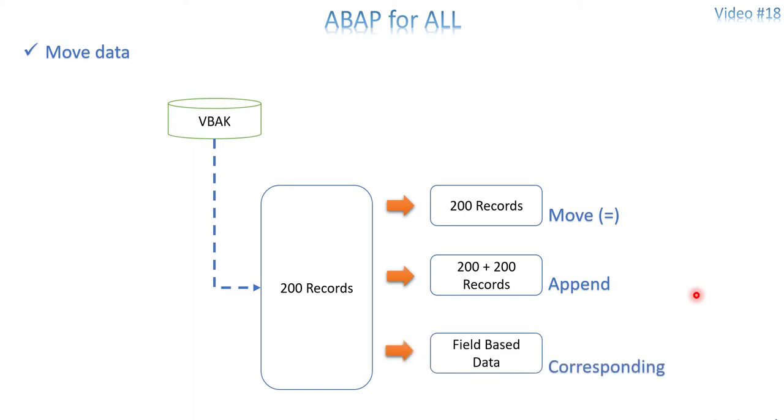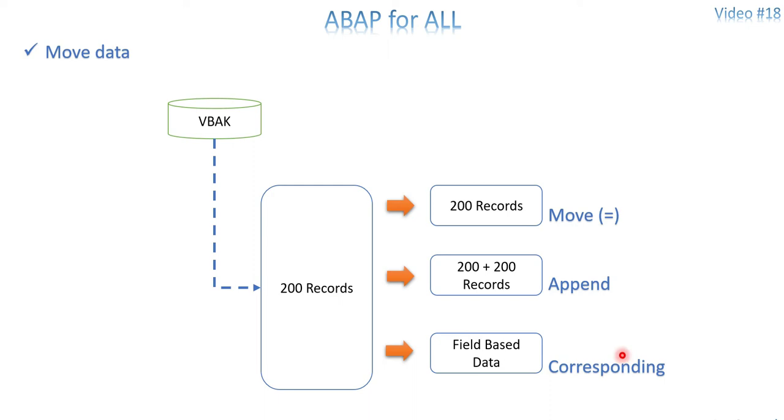Another one is CORRESPONDING. This is also body to body, body of an internal table to body of an internal table. The move is field based. Meaning, if one has three fields and the other has only two fields, only the fields that are common between these internal tables get moved. That's why I'm saying field based information.